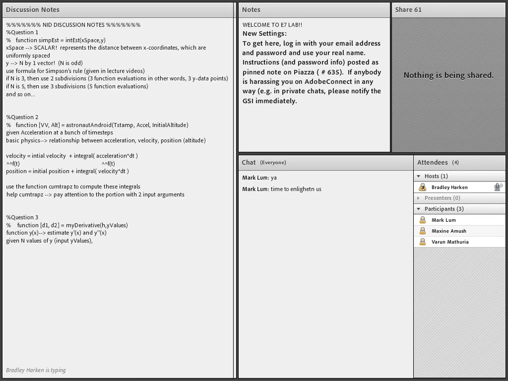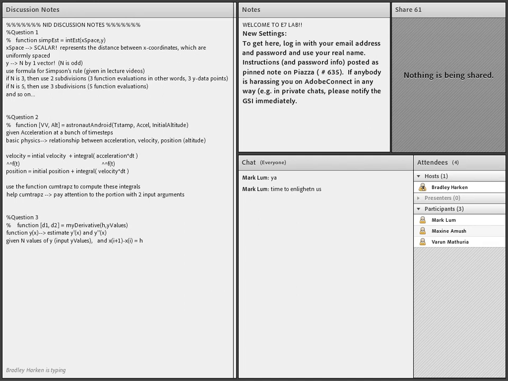So we have y, which would correspond to f of x, depending on your notation, and we are also given h, which corresponds to the step size in the x direction. So the delta x between every 2 xy coordinate pairs is h.